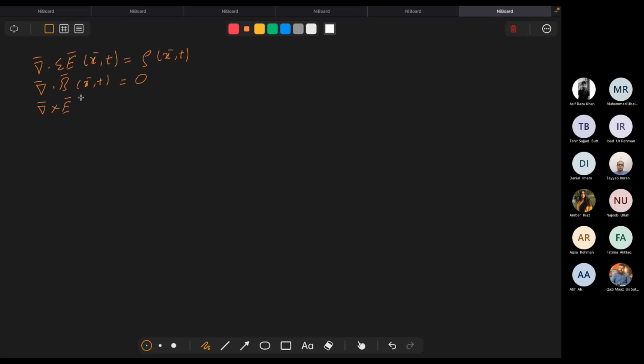And this curl of E here is this one, and we have here curl of H, and that would be like J, x, and t.